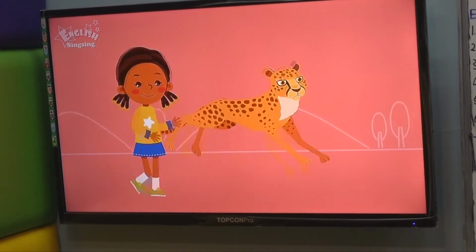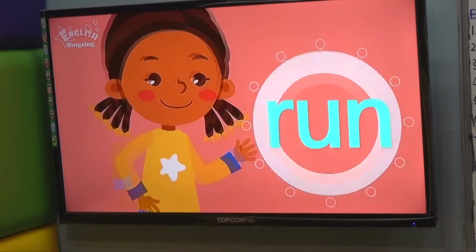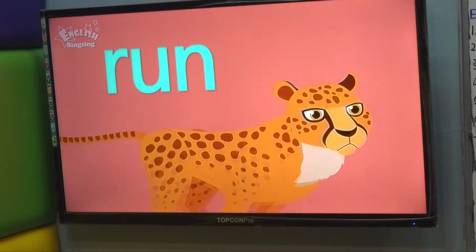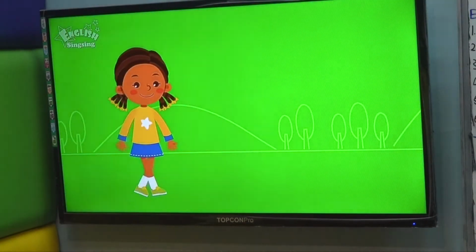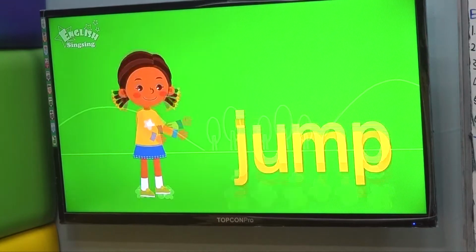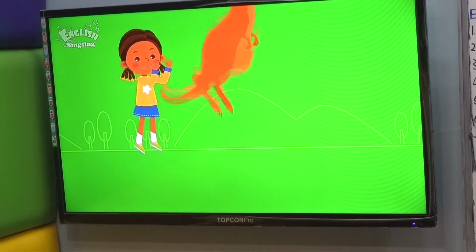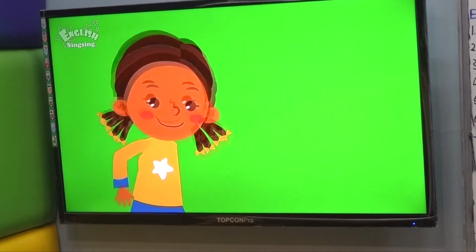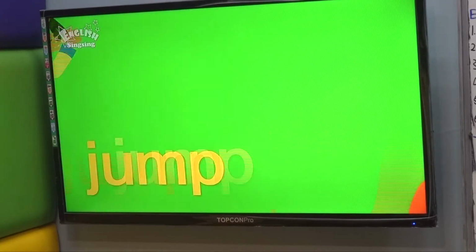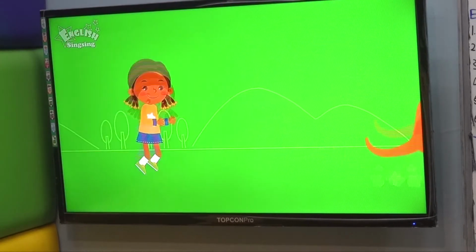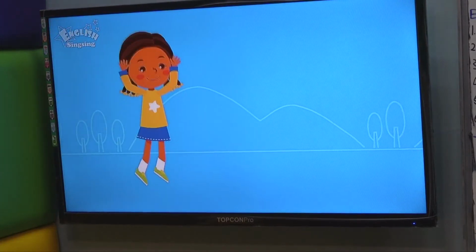You can run like a cheetah. Run. Run. Run. Run. Run. Jump. You Jump. can jump. Jump. You can jump like a kangaroo. Jump. Jump. Hop.